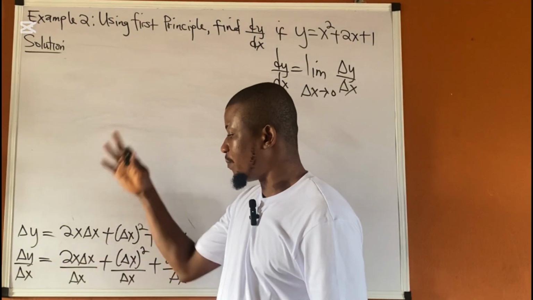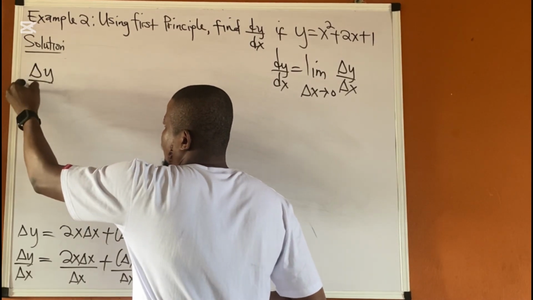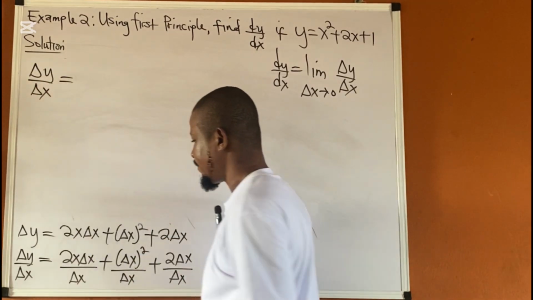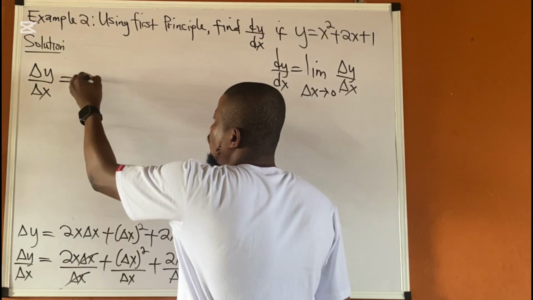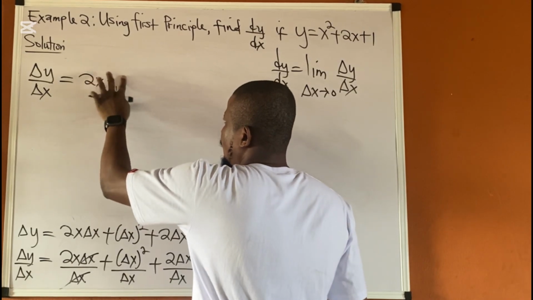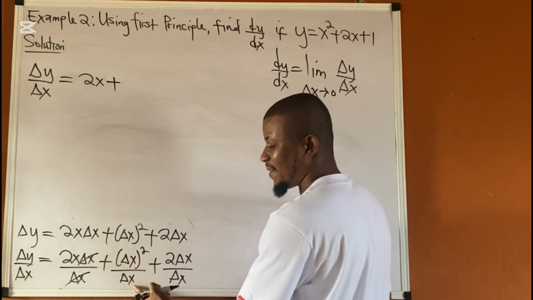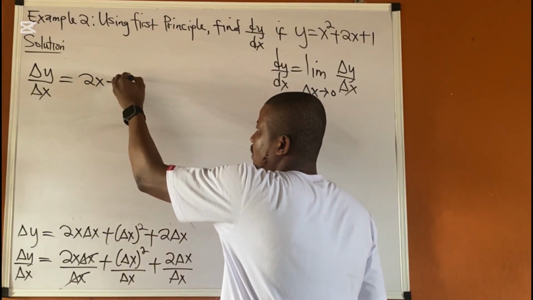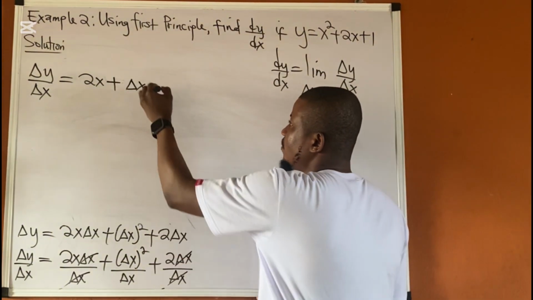Remember, when I divide this out, I'll be left with 2x plus change in x squared divided by change in x will be left with just change in x, and then this cancels this, we'll be left with 2.